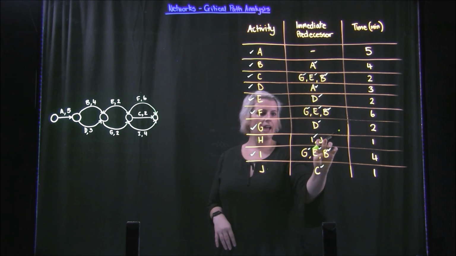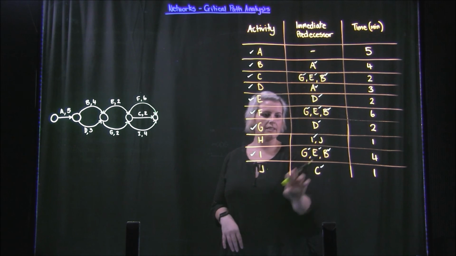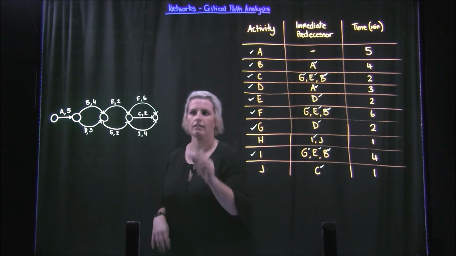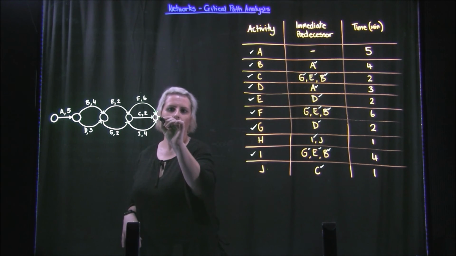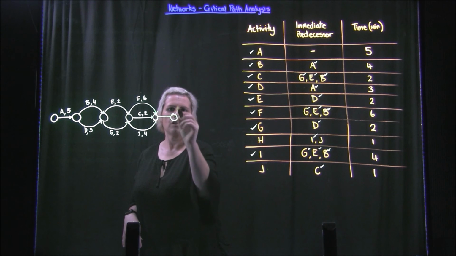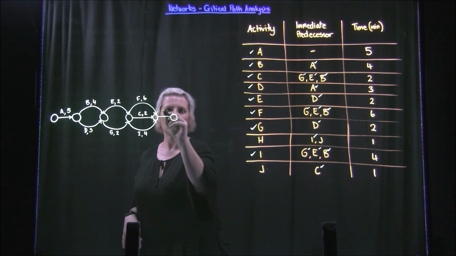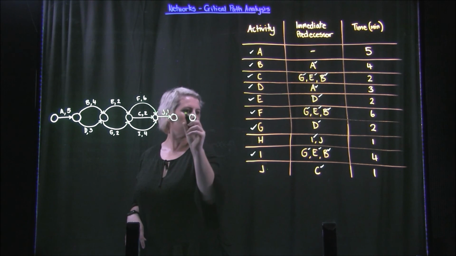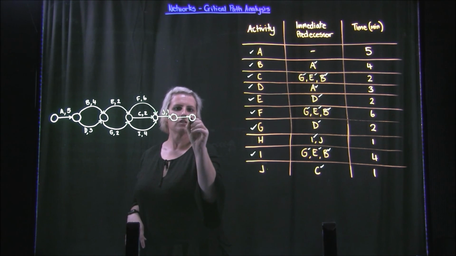Now you can see that H has to be done last because it needs to have J done, and J can only now be completed because C is done. So now we can go J, 1 minute, with our arrow, and H, 1 minute.